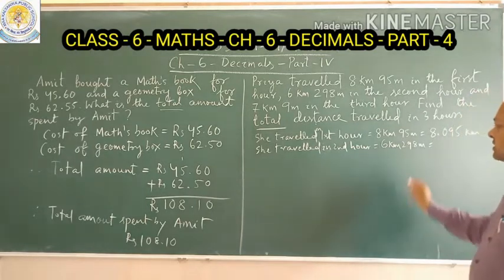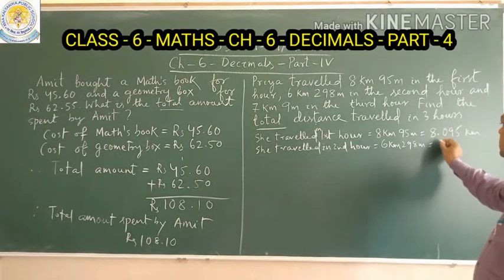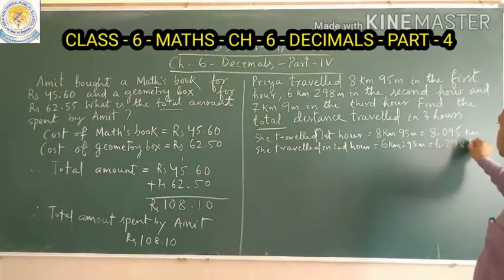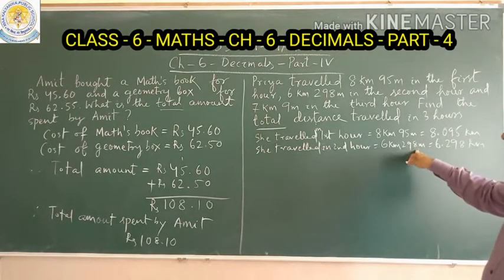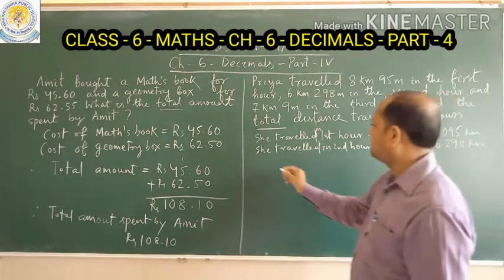Here already 3 places are there, so no need to place any zero. So 6 kilometer 298 meter can be written like this: 6.298 kilometer.